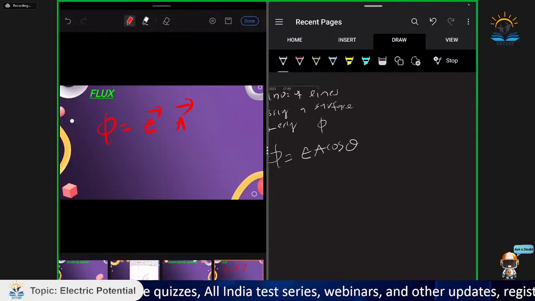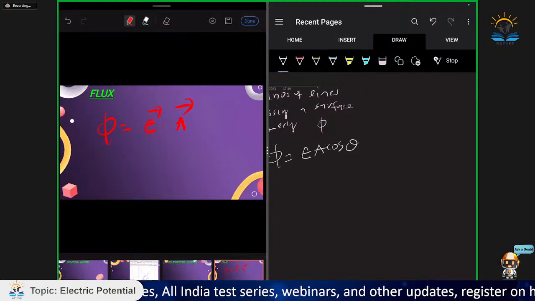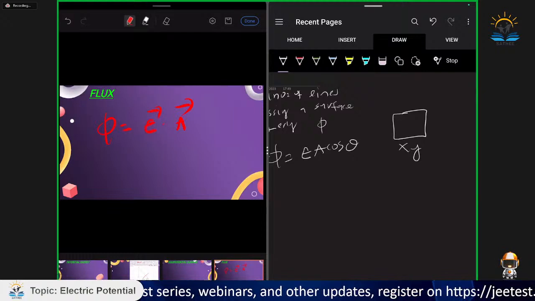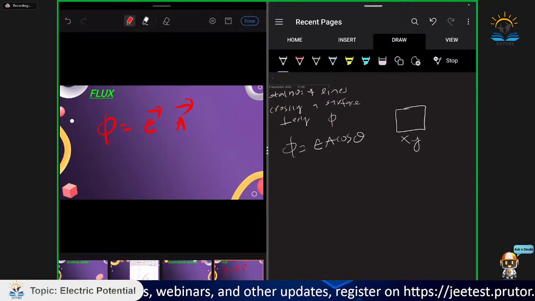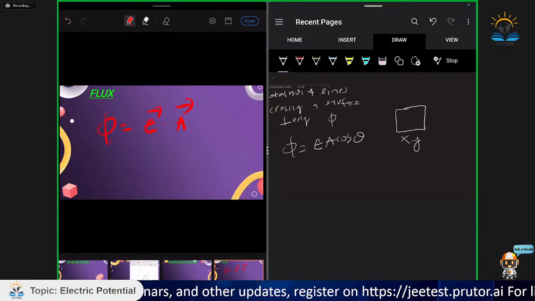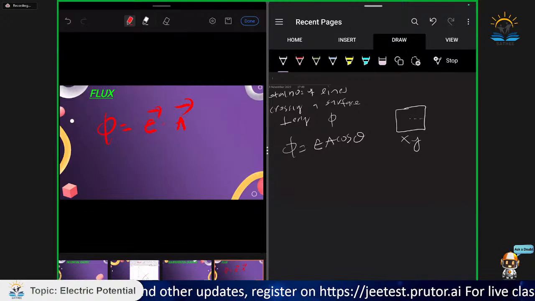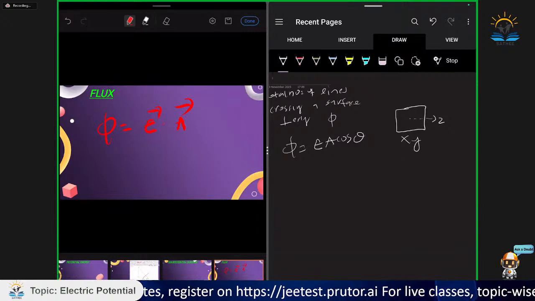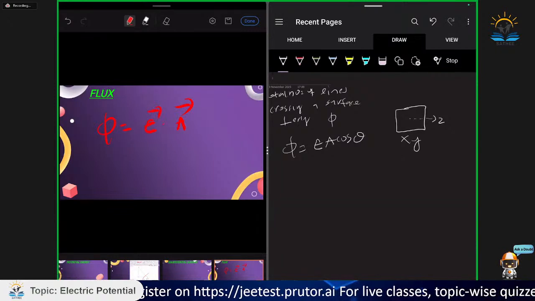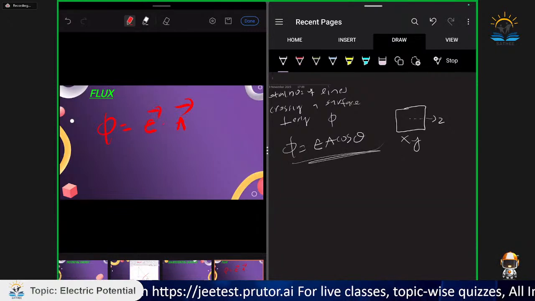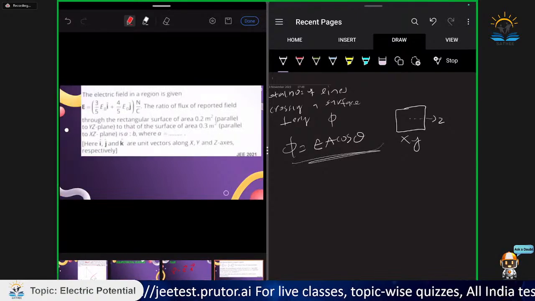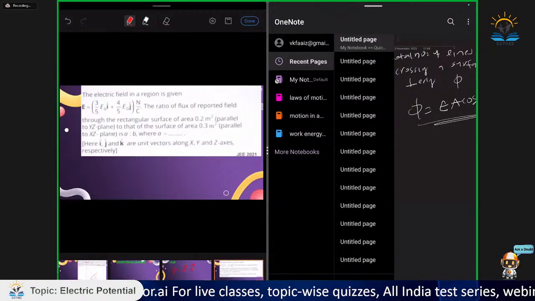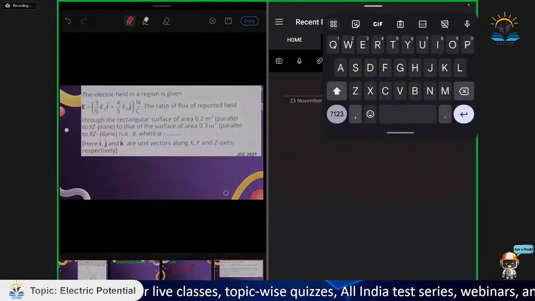If the area is situated in the xy plane, then the area vector will be along the z axis. Theta is the angle between E vector and A vector. Yeah, we have a question. See, electric field is given.